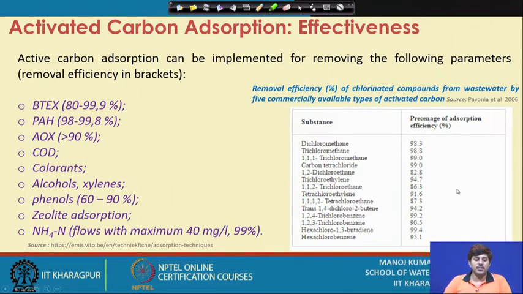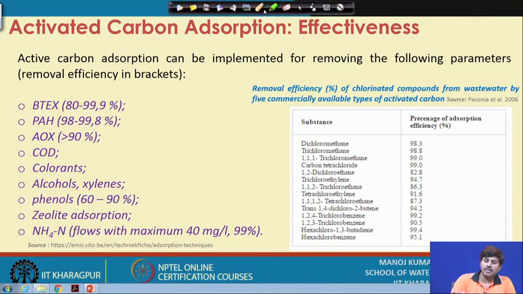So, if we see the effectiveness of activated carbon adsorption, there has been a lot of research conducted on the removal of various contaminants. There are a variety of reports; it is not possible to compile all. For chlorinated compounds, activated carbon is a very good adsorbent.